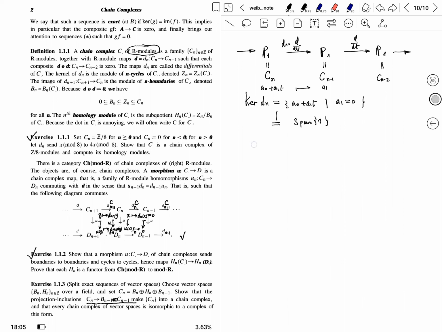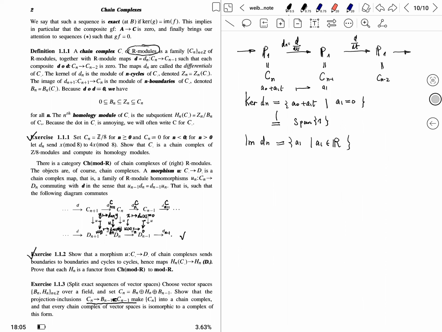While what is the image of Dn? Yes, it is all the a1 in, let's say, for example, real polynomial.